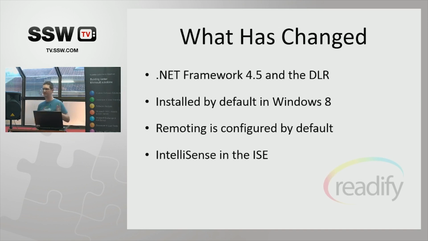So you're going to use it for one of those ways. What's changed in version 3? It's now on .NET Framework 4.5, and it's using the dynamic language runtime under the hood. PowerShell version 2 was on the CLR2, basically only went up to .NET 3.5. There were some tricks to get it to run on .NET 4, but they were unsupported, and a number of modules would break when you tried to do it.